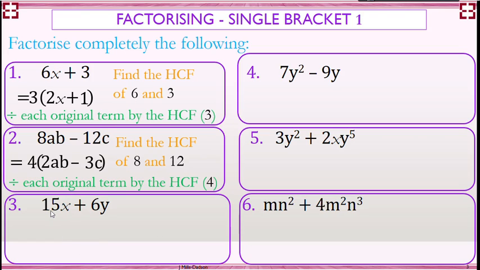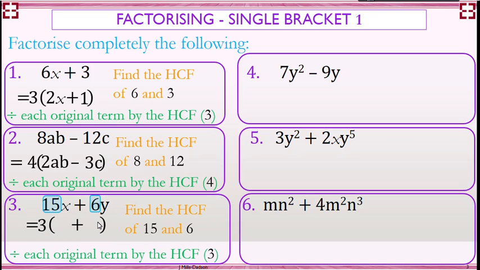Example 3. 15 and 6, highest common factor. We divide each term by 3. 15x divided by 3 is 5x. Then 6y divided by 3 is 2y.